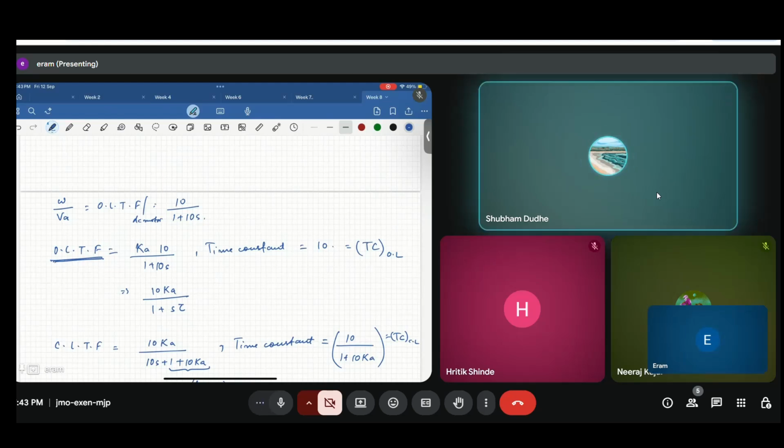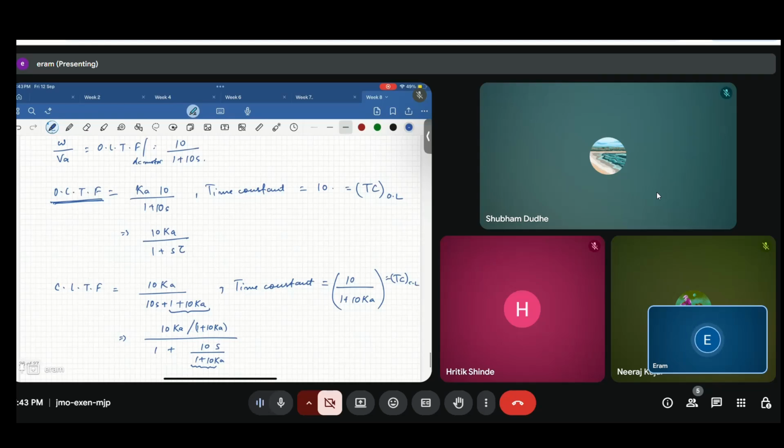Ma'am, how do you equate the time constant to closed loop? I first calculated the closed loop transfer function, which is equal to this expression. Okay, and now in standard form we know that we don't care about the numerator, but the denominator should have the form 1 plus s tau, where tau is your time constant. But here these terms are constant, but this is not equal to 1.